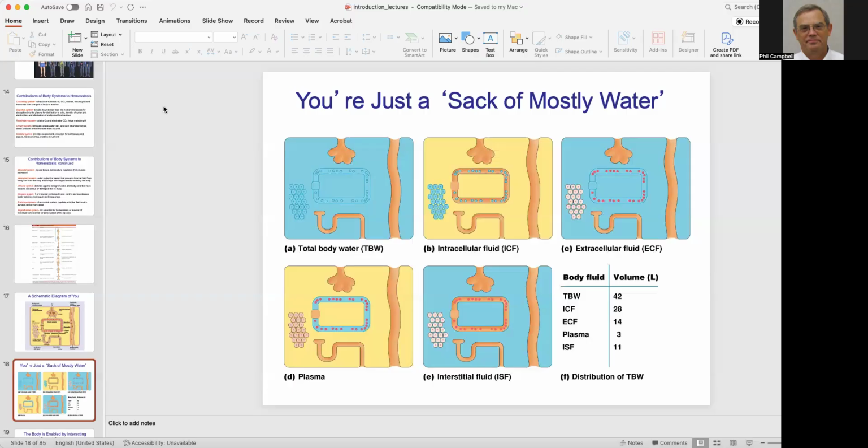So the terminology that I expect all of you to know is intracellular or extracellular, plasma or interstitial water. Okay? And their particular distributions.